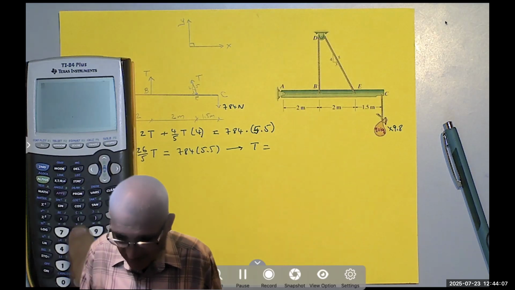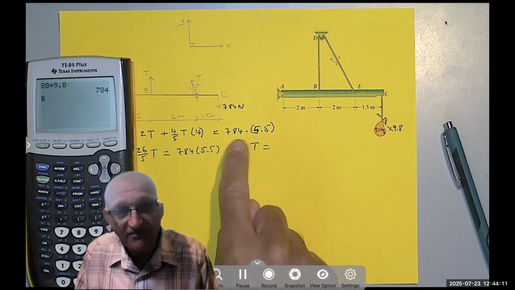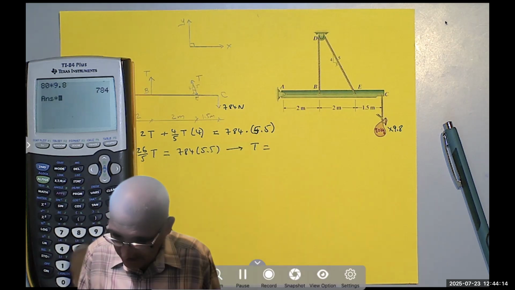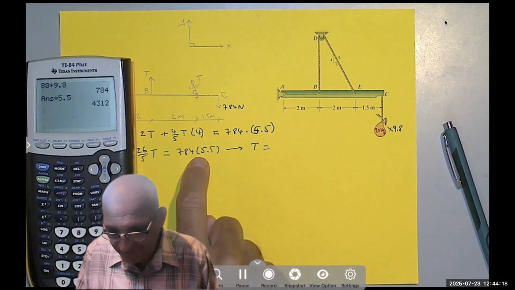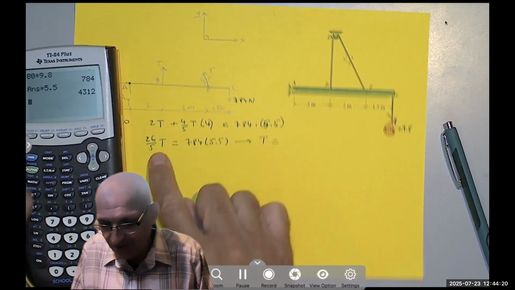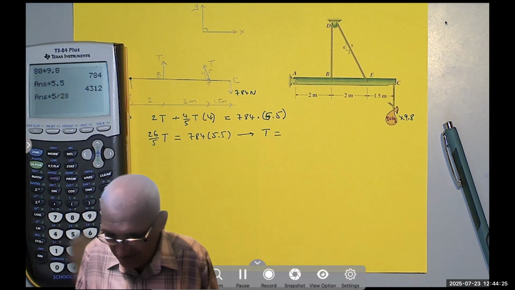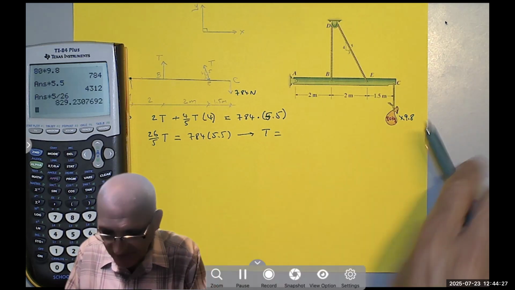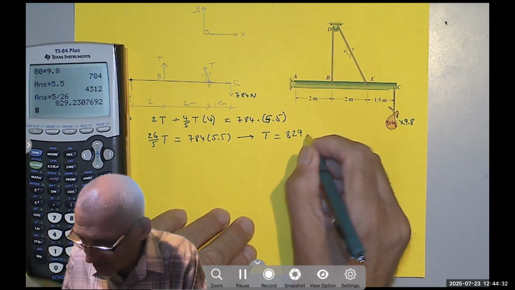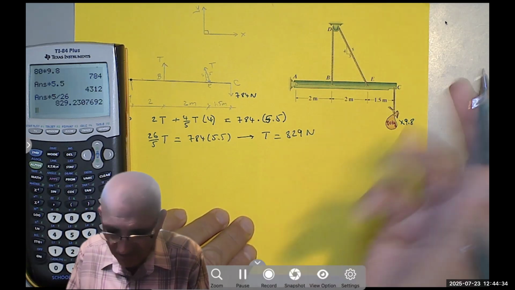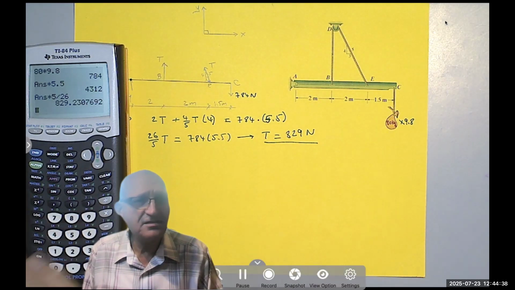So what we did is say 80 kilograms times 9.8, so we got the 784. We're going to multiply it by 5.5. That would give me the right-hand side. And then I'm going to divide by 26/5, or multiply by 5 and divide by 26. It's the same thing. So that will tell you 829 Newtons. We could say 830. But 8:30 may be a little too late for you.